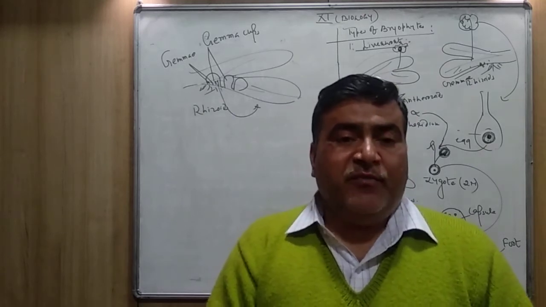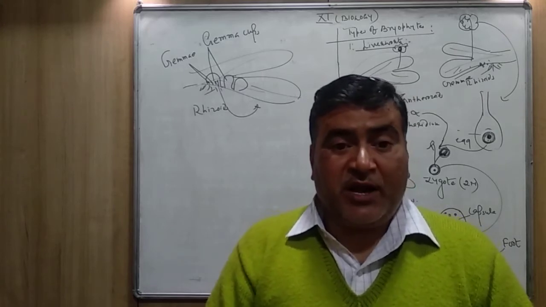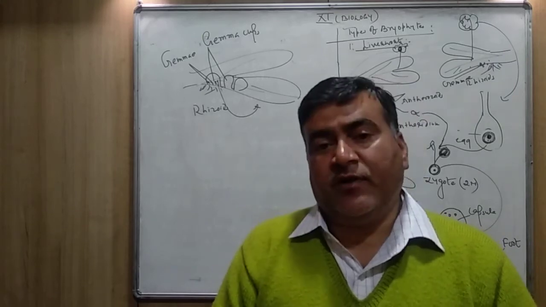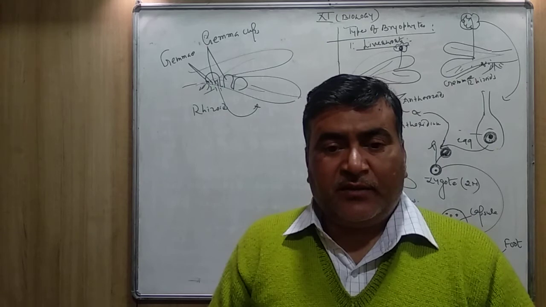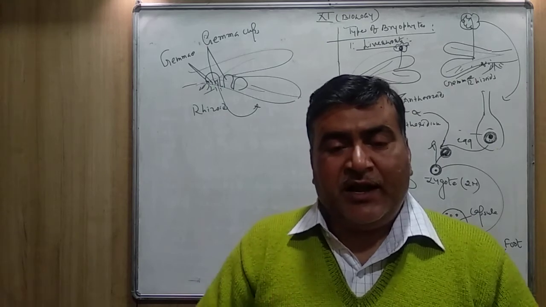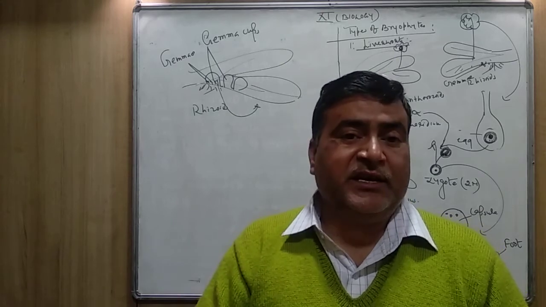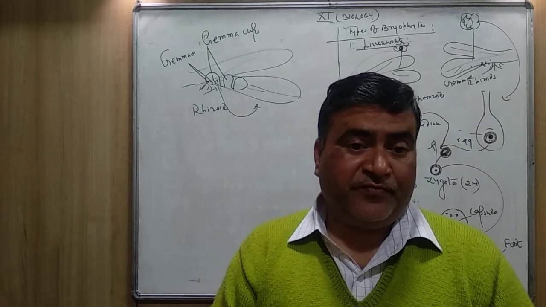Because the main body of the bryophyte is what? Haploid. A single set of chromosomes is found, and because of the single set, it is haploid. Because of the haploid nature, the plant is said to be what? Gametophytic.